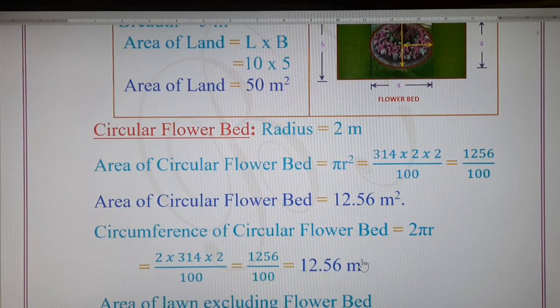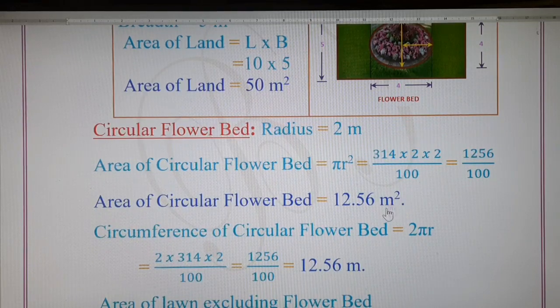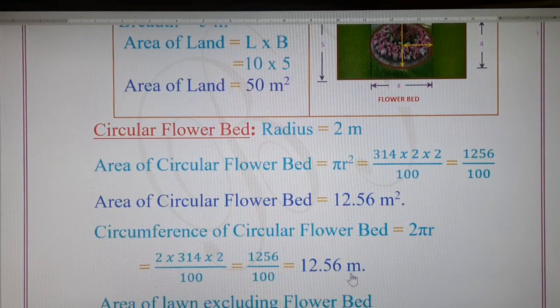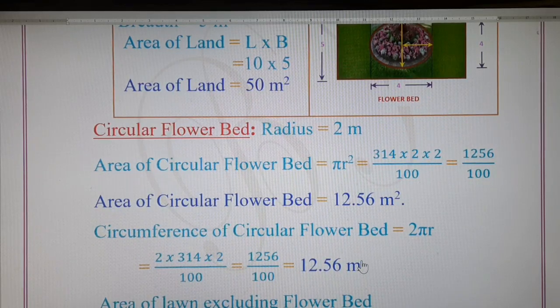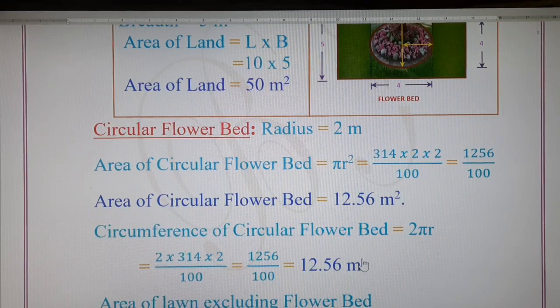The power 2 will be written only for the area topic. So only for area we have to write raised to 2, like meter square or centimeter square. But for circumference we will write only centimeter or only meter, and we will not write the power 2. Please remember this. Circumference is a type of length, so in the length topic we will not write the degree 2.